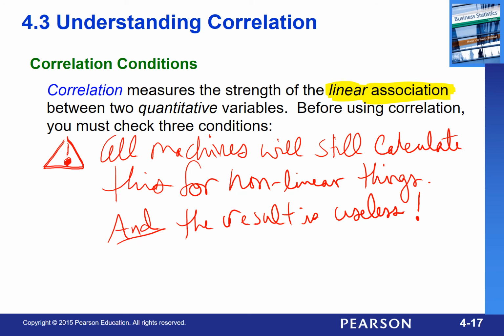So if you've got a graph of something that definitely has a curve in it, you can still calculate correlation on it, even though it only measures the linear one. The result you will get will be useless, but you can still do it. So I'm going to write this.